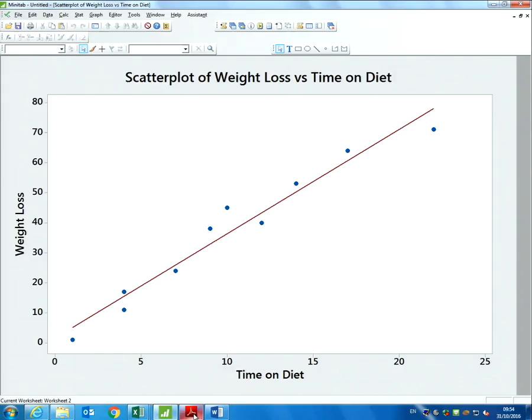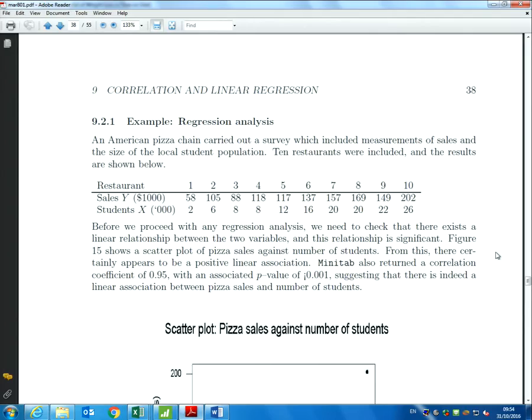So, in your notes, we'll just very briefly look at this. I know it's not a marine example. What we're looking at here is the number of students living in a certain town and pizza sales.